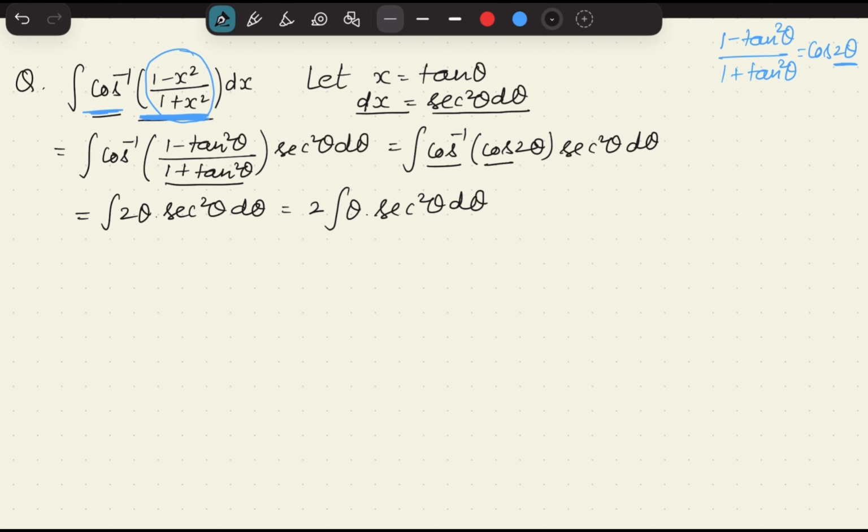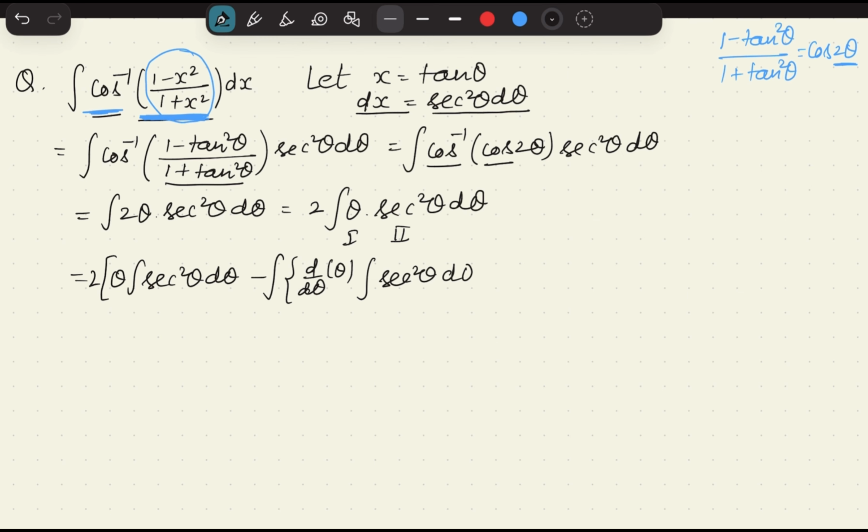This can be solved by parts. So theta is the first function and sec square theta is the second function, and using the formula we get 2 times: theta into integration of sec square theta d theta, minus integration of differentiation of theta with respect to theta times integration of sec square theta d theta.